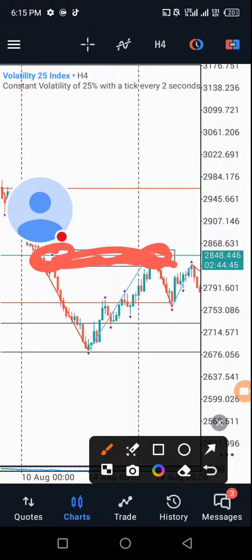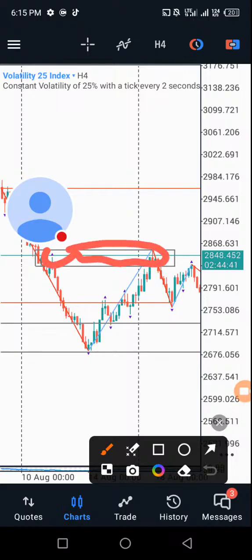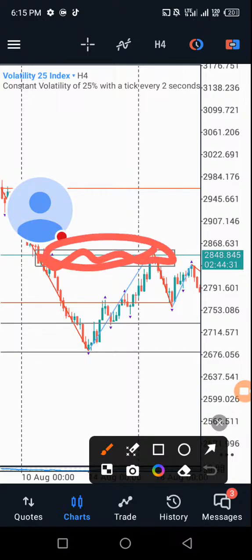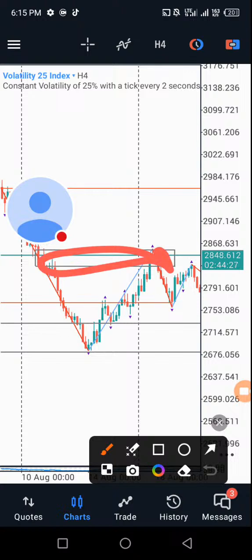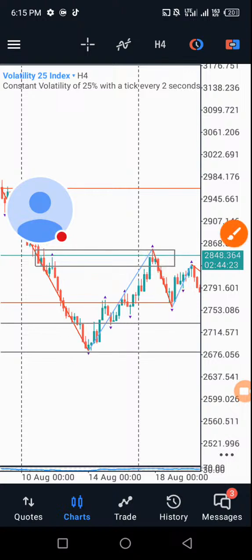And the whole idea for the market to come to this level and react is so that the market can come and break structure downwards. If ever that is the case, if the market wants to test this place and break, but for some reason the market reacted from this level here and refused to break our structure down.